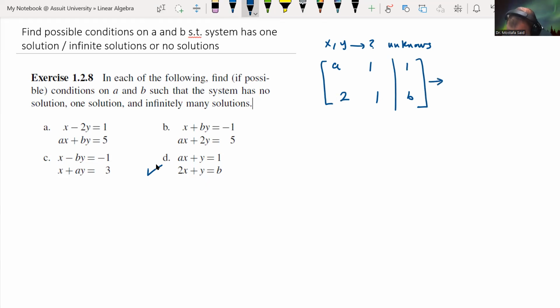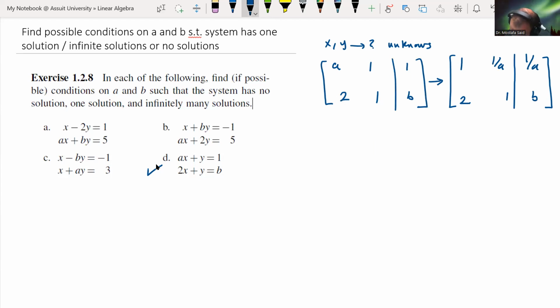I'm going to divide the first equation by a, so the first element here will be 1. The rest will be divided by a, so it will be 1 over a, 1 over a, then 2, 1, b.